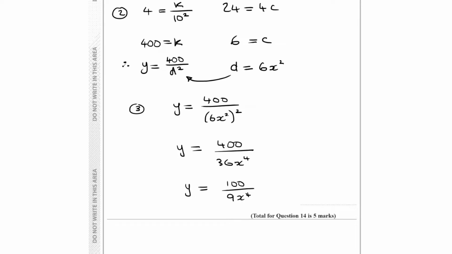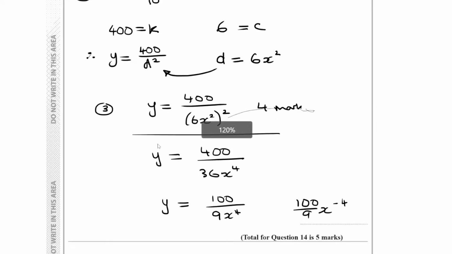They've said or equivalent, but then surely it has to be simplified, so they've not given any other examples. I would have gone with this. I think that's the obvious answer there. I guess maybe if you wrote it like this, they would accept that as well, but again, I don't know why you would. I would just leave it as it was. I think it's more just making sure you simplify the 36 bit, or at least expanding this bit out. Up to here, that's 4 marks, by the way.